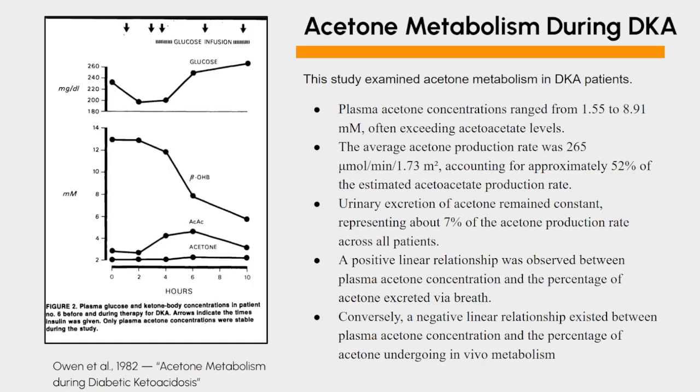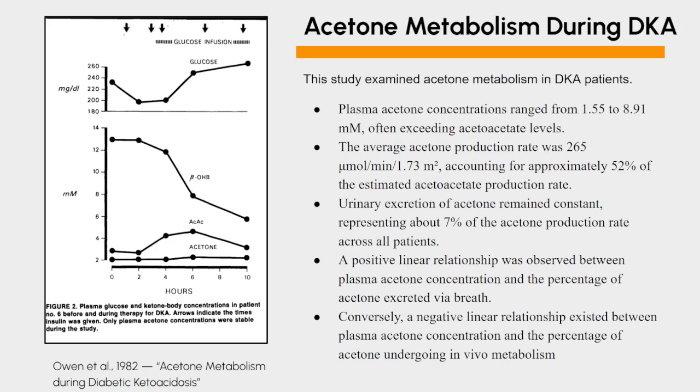For our primary literature discussion, we chose a study based off of acetone metabolism during DKA. The study examined acetone metabolism in DKA patients. The plasma acetone concentration in the patients ranged from 1.55 to 8.91 micromole, and it often exceeded acetoacetate levels.